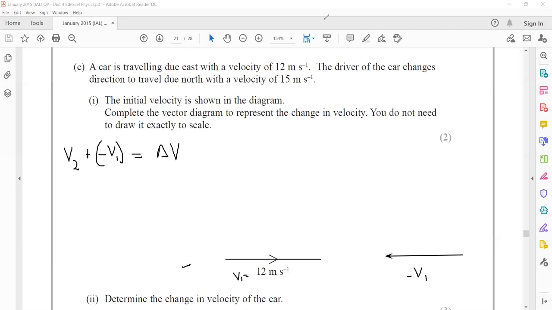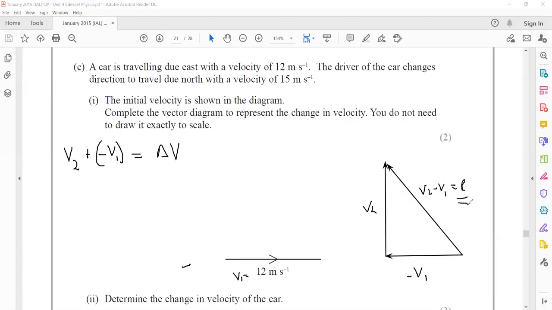So this will be minus V1. And then we draw V2. We start the second vector from the head of the first vector. So this is V2, which is 15. And then from the tail of the first to the head of the last, when I join, this will be the result of V2 minus V1, the resultant vector.